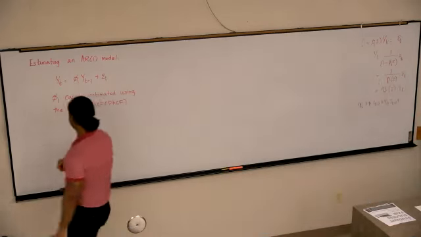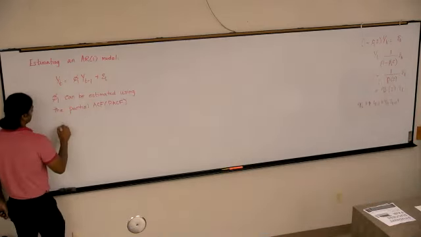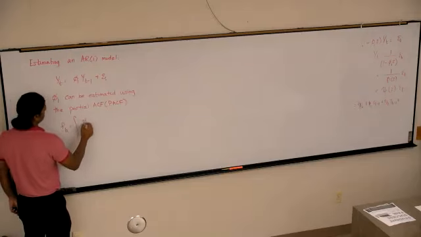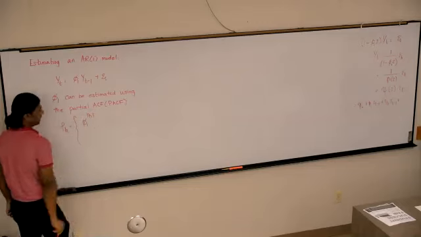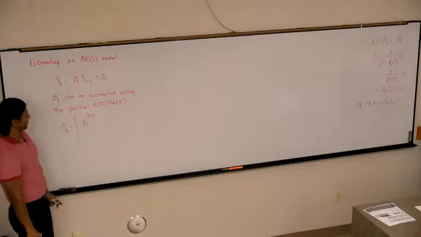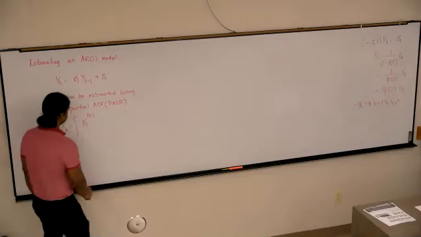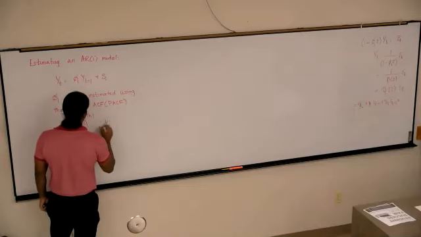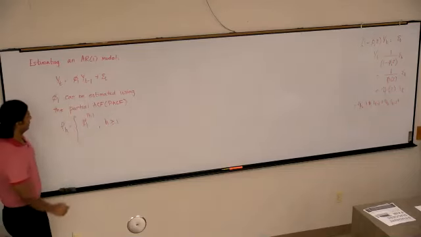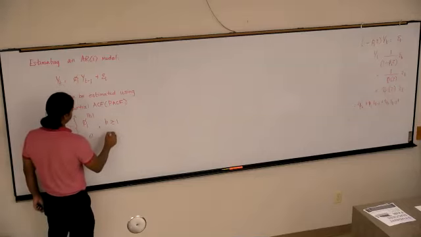And last time we determined that rho_h was simply phi1 raised to the absolute value of h, for all values of h greater than or equal to 1, 0 otherwise.